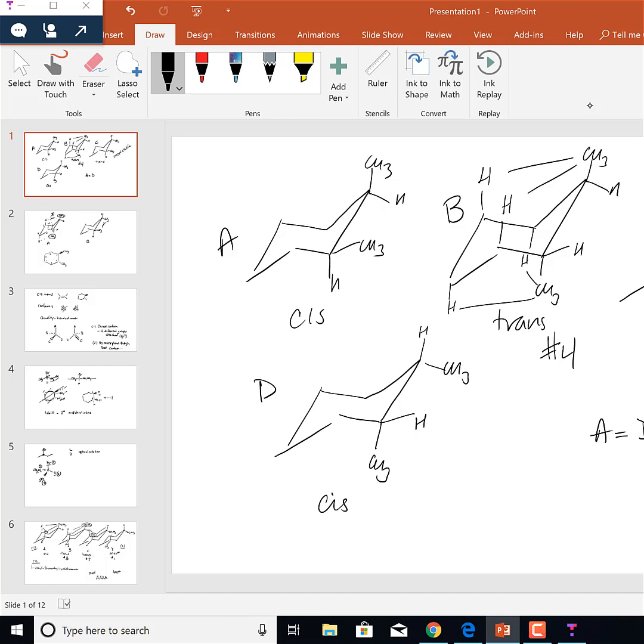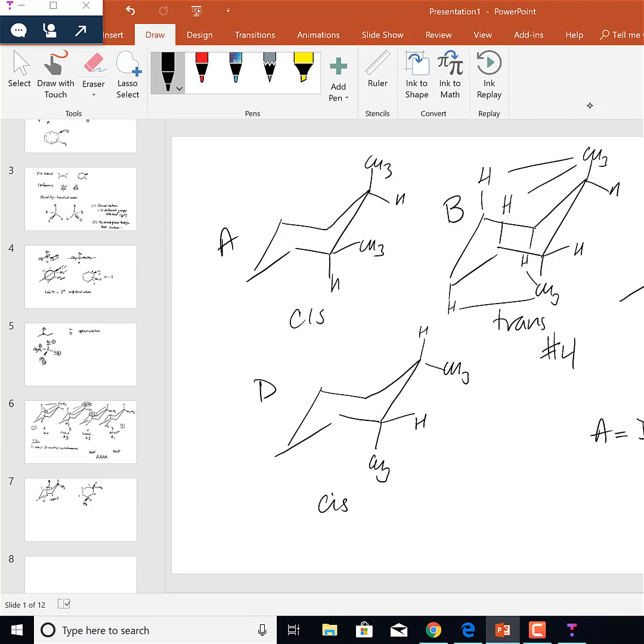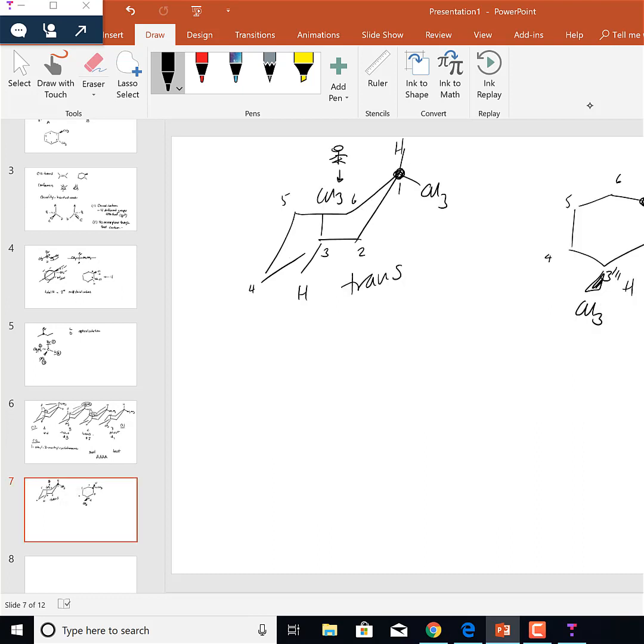So the issue here is that sometimes people will try and say, oh, well, they're both axial, therefore it's either cis or trans. Well, if you're going to remember it that way, you've got to memorize whether they're 1,2, 1,3, or 1,4 disubstituted, because it switches as you go from each position.